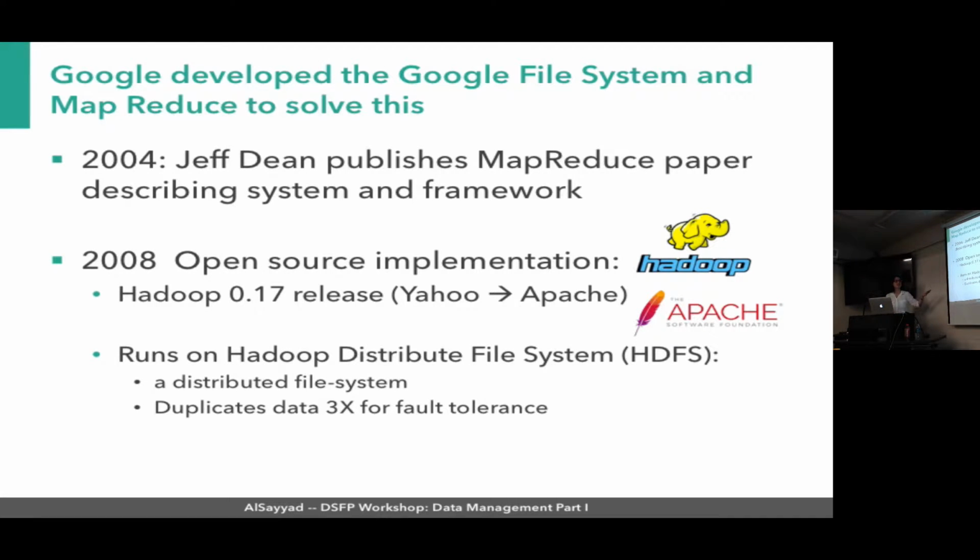This file system has a logical tree for your data, but under the hood, it is distributing your data across all the nodes in a random fashion, and will even duplicate it up to 3 times for fault tolerance. So if you submit one of your jobs, one of the nodes goes down, 2 of the nodes go down, your data is still safe, and your job can still complete.